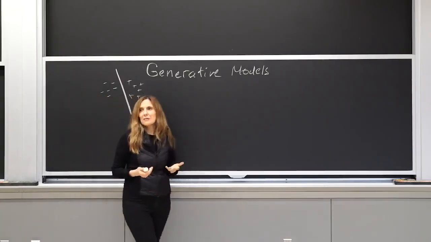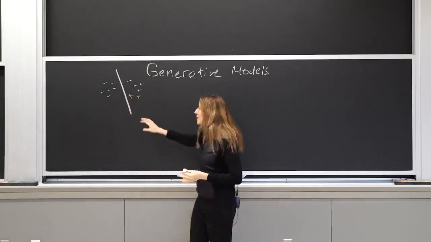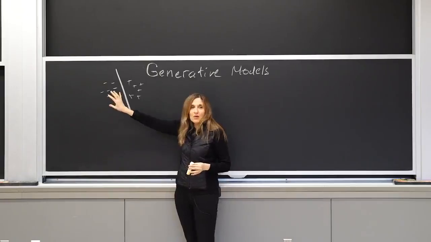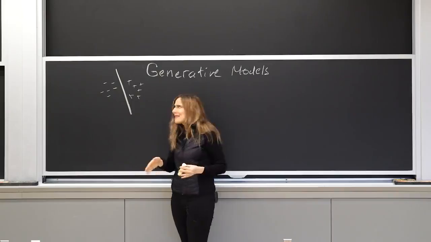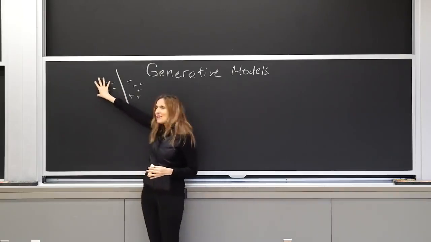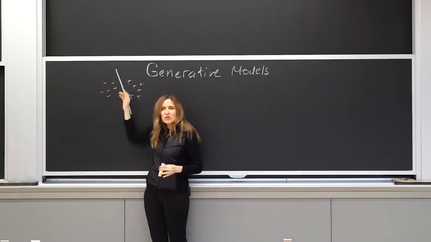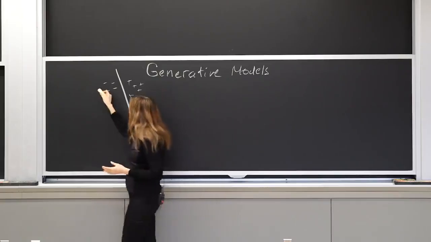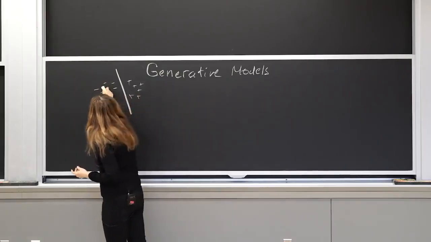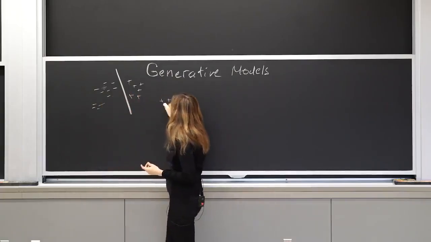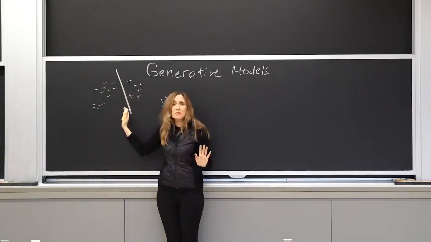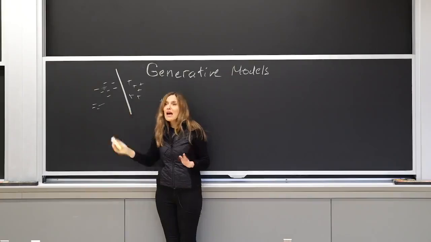You can easily imagine that for different clouds of positive and negative points, you may have exactly the same separator, even though the structure of these clouds is totally different. Even here, I would have a different structure of positive and negative examples, and the separator will still be the same.